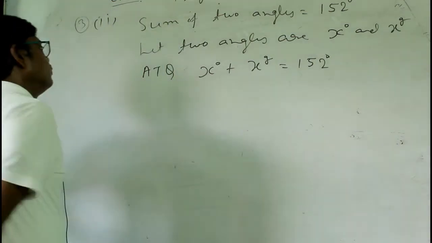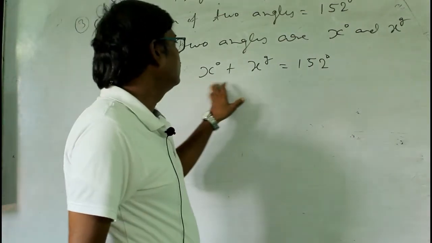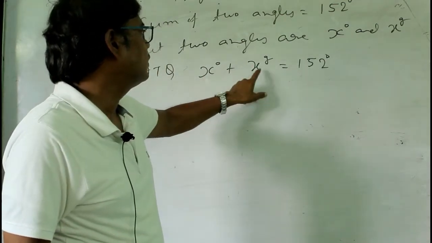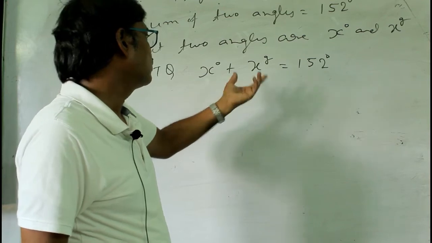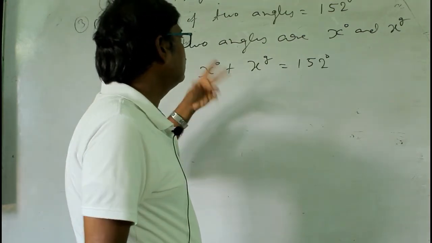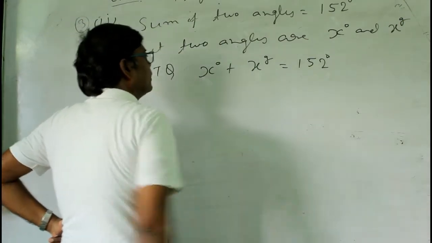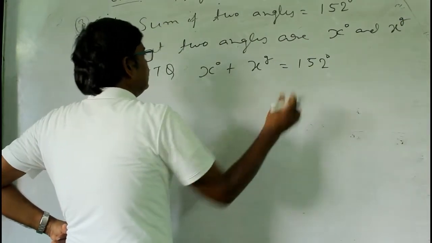Then we have to find the value of x here. Now this is in degree and this is in grades, so convert this into degree, or you can also convert this into grade. Then you have to convert the other into grade also. So it is better to convert this into degree.